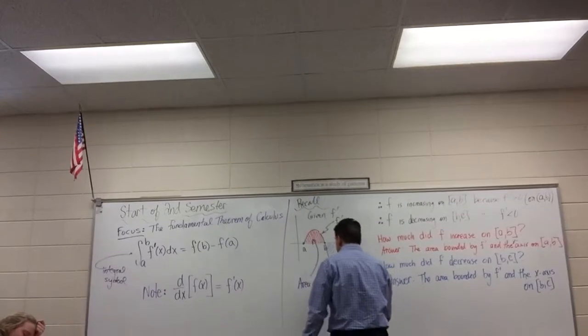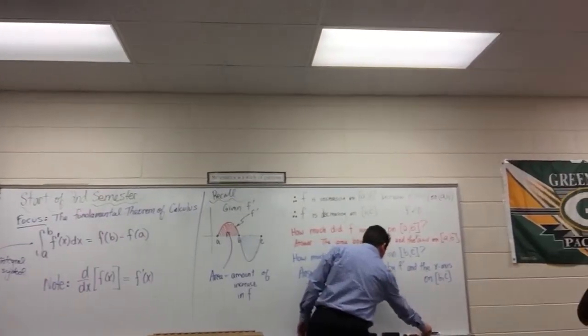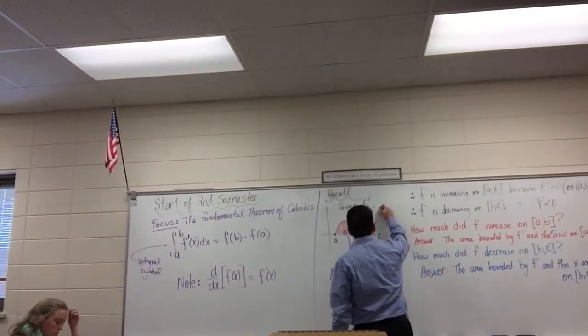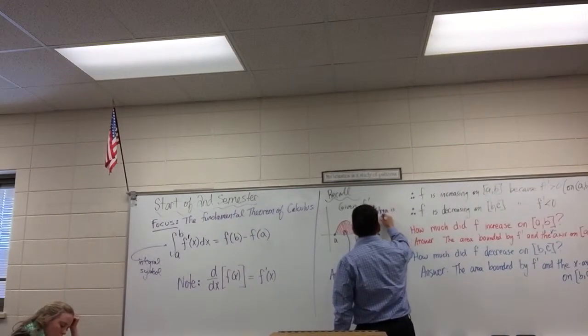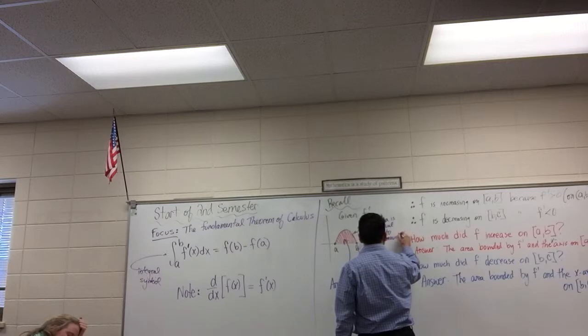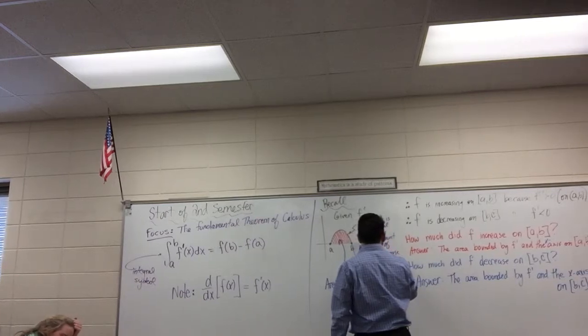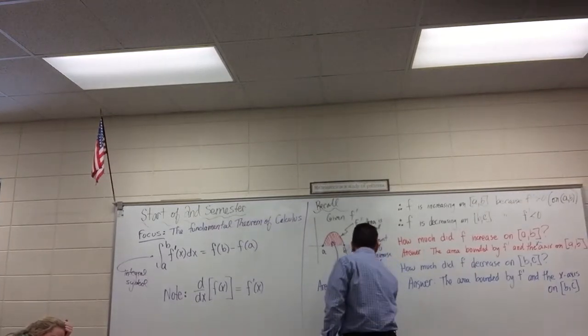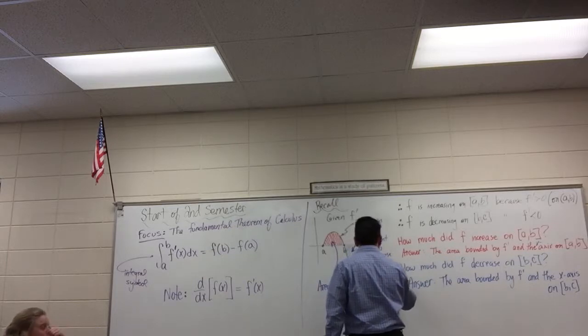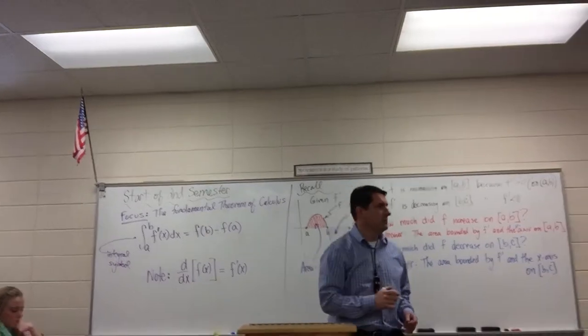And we're going to point out that this region, whatever that area is, is equal to the amount of decrease in f, and the key thing is that it's in f on the interval from B to C, because we're identifying that as the interval.